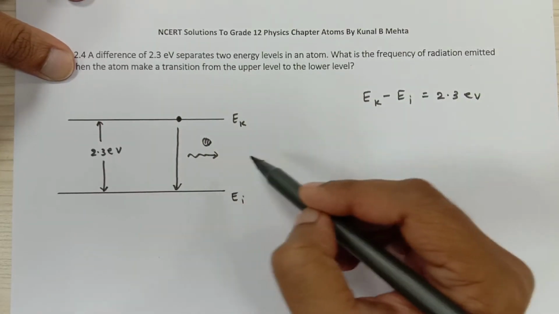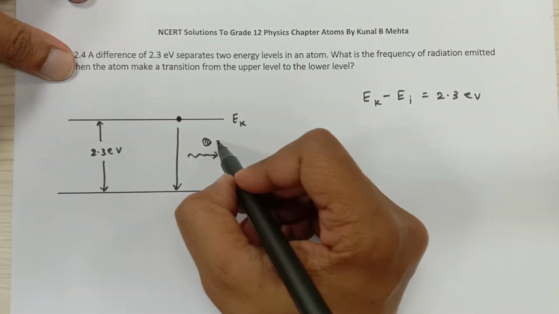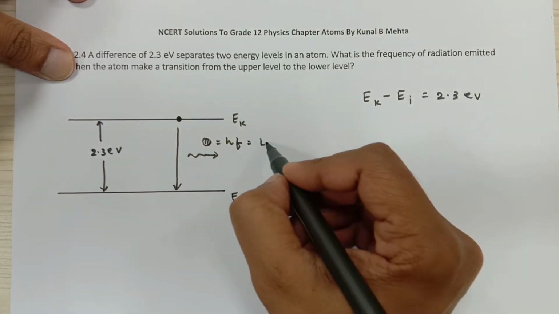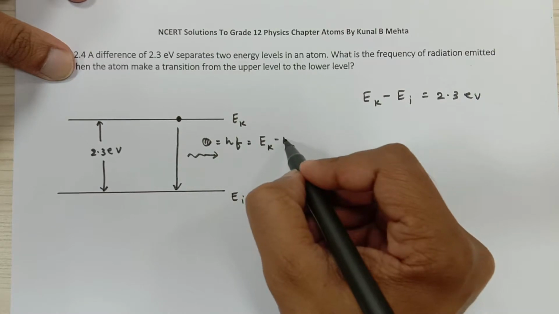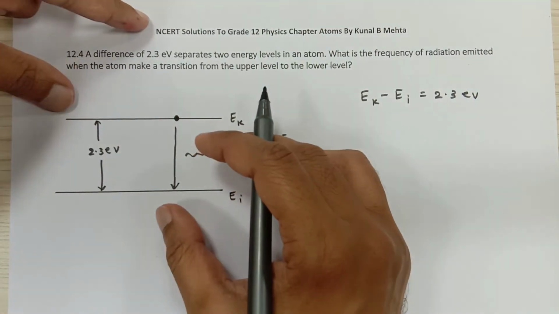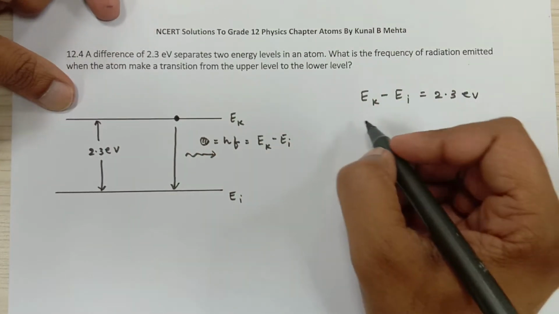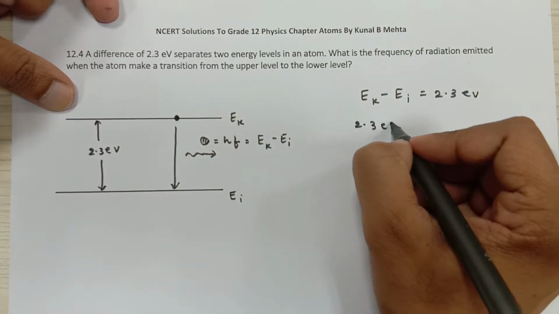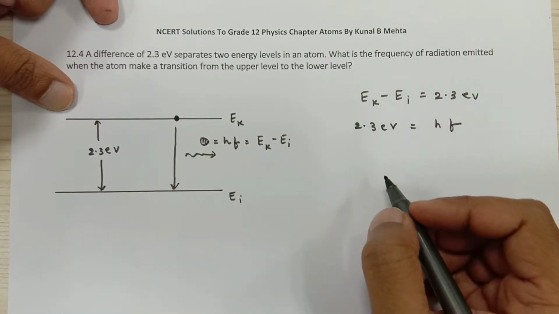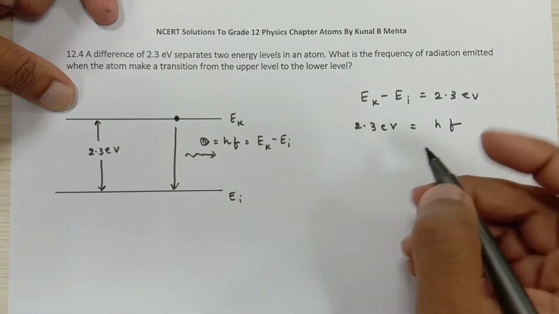One transition, one photon will be released, and this photon has energy hf, and that should be equal to the difference in energies, Ek minus Ei, as per Niels Bohr. So this is what I am going to use over here, guys. We are already given that this is 2.3 eV, and that is equal to h times f, where f is the frequency of the photon which is emitted.